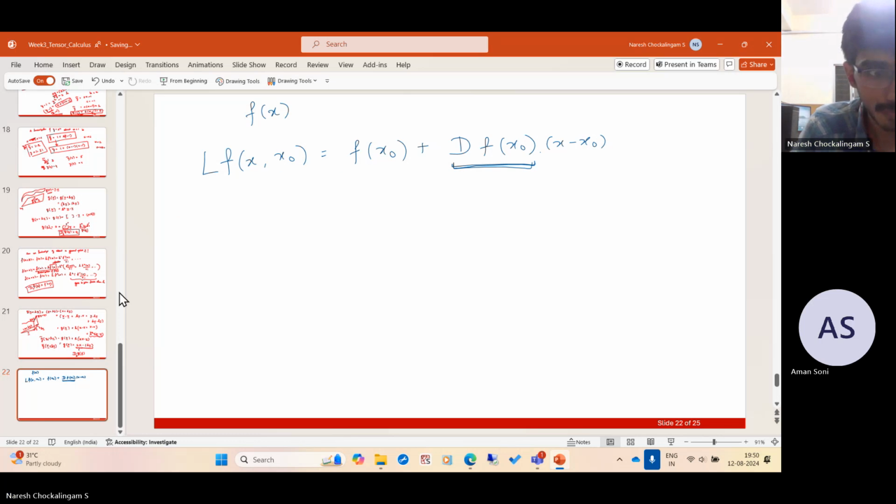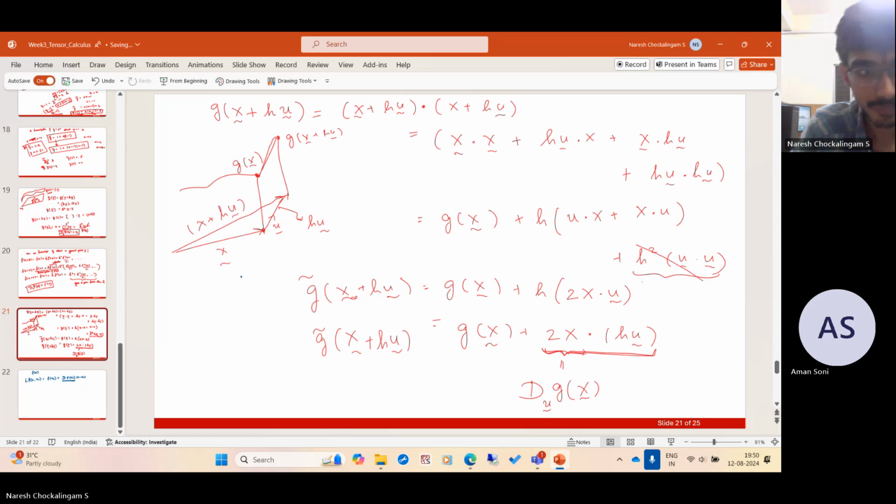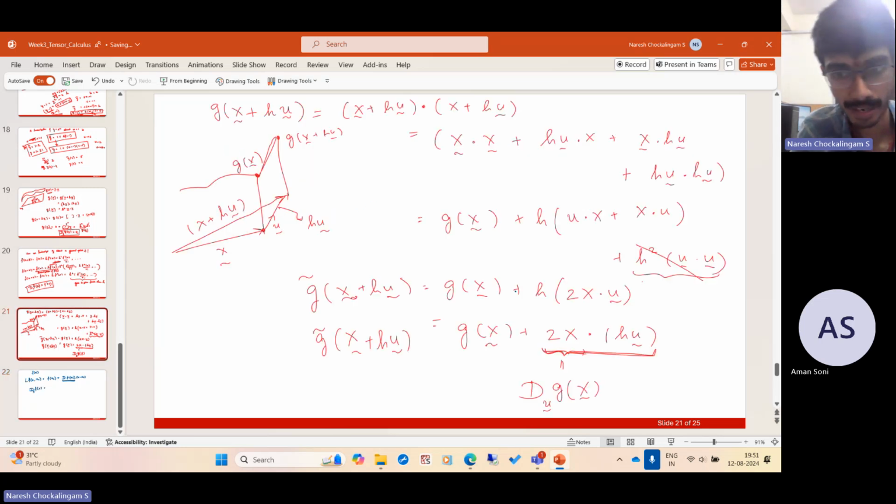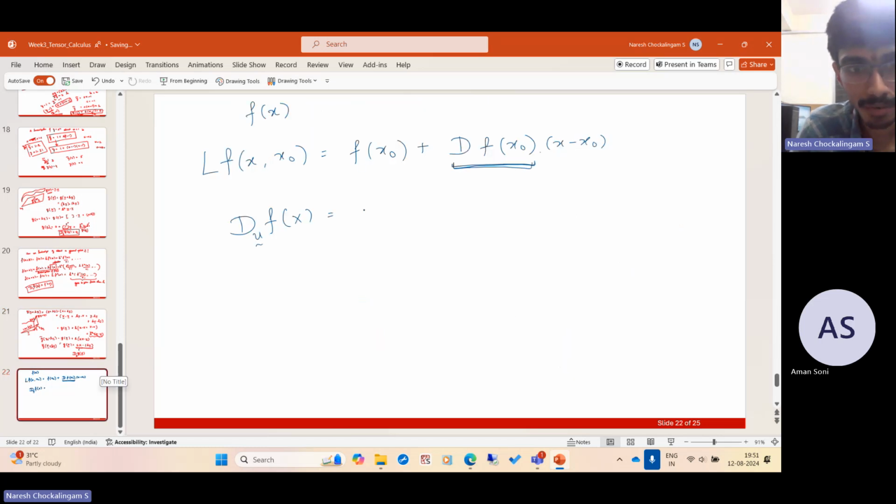Now you can generalize it further. The directional derivative of a given function f in the direction u at a given point x, we have seen, depends linearly on u. Right? The u appears here, so it depends linearly on u.